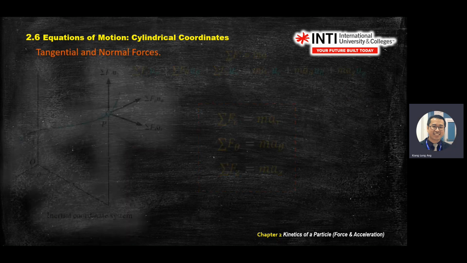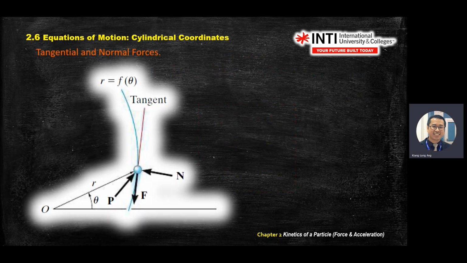So this is just a recap. As you can see on the screen, you look at the particle and the blue line, you know that this is a curvilinear motion. Still you have position defined by r and theta with the anti-clockwise direction, and P, F, and N are the forces acting on the object.